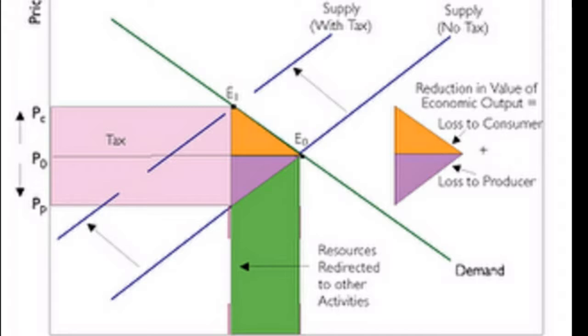The burden of tax and elastic demand. When the demand is more elastic, what will happen? The entire burden of tax will lie in the domain of the supplier.